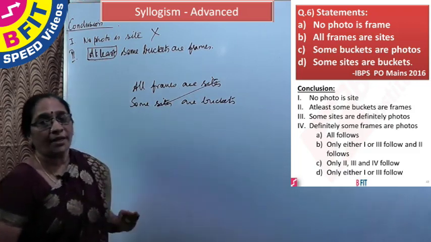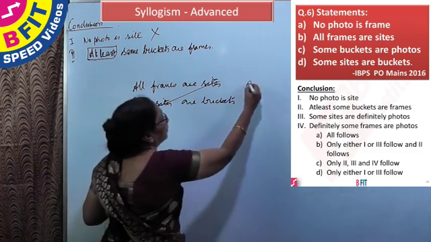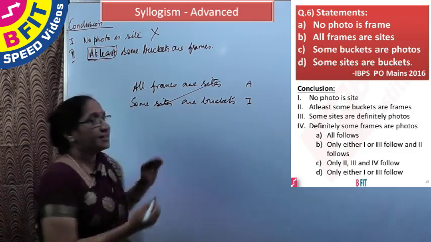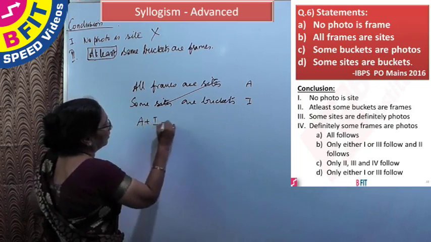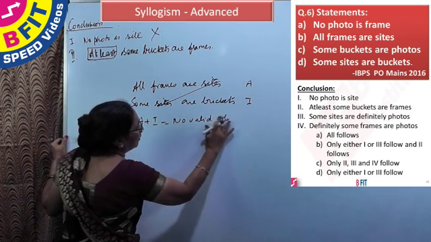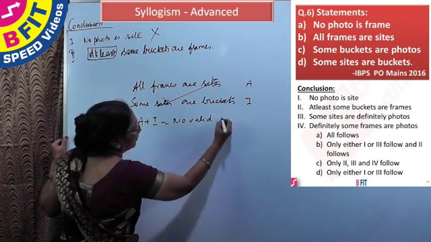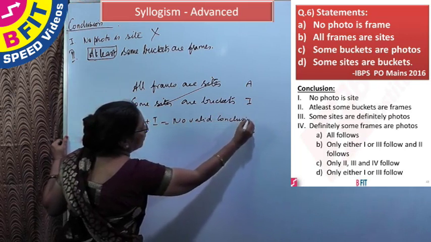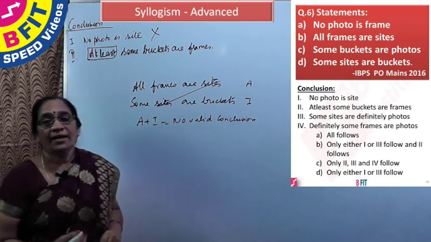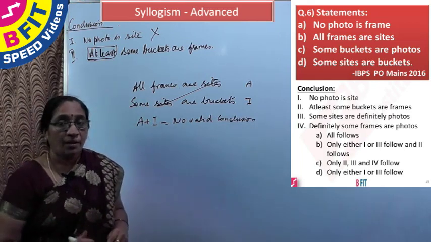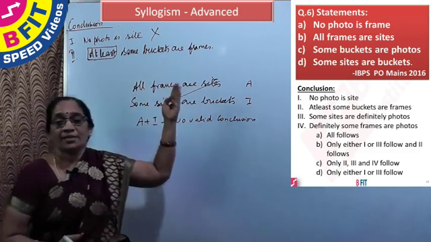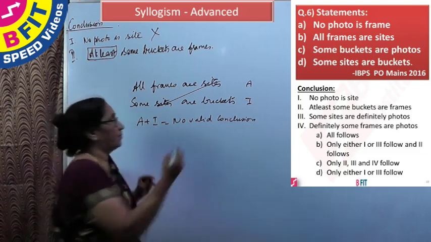The common terms are aligned. It is a combination of A and I. A plus I, we do not have a valid conclusion, and hence conclusion 2 is false. When some buckets are frames is false, then at least some buckets are frames is also going to be false.